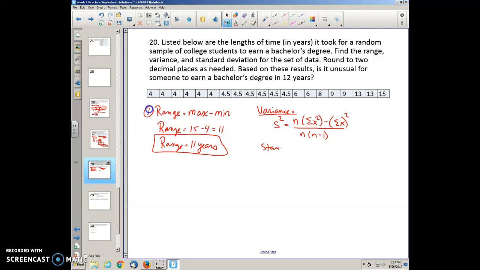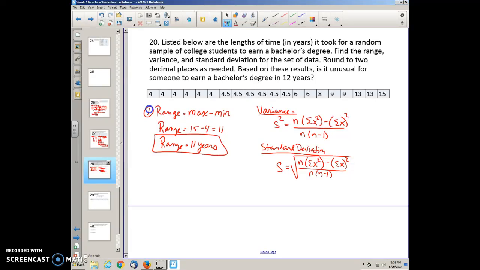And then standard deviation is simply the square root of the variance. So s is the symbol for sample standard deviation, is the square root of n times the sum of x squared minus the sum of x squared divided by n times n minus 1. Okay, so we'll refer to these two formulas.